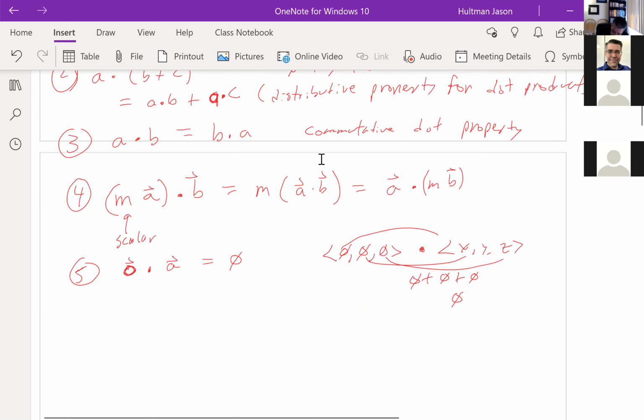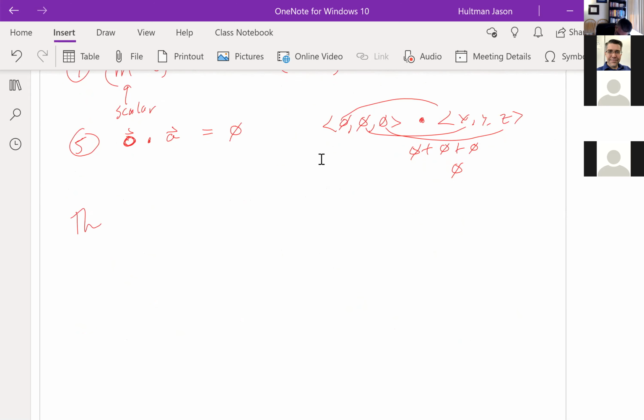Let's take a theorem here for the dot product.